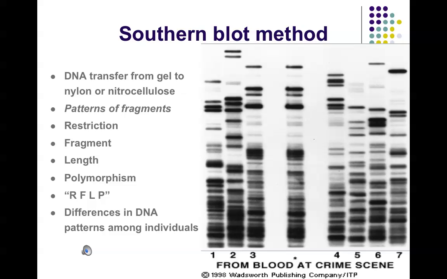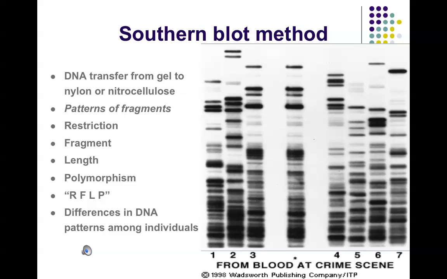Using a more stable matrix like nylon or nitrocellulose, Dr. Southern would simply press the gel to this thin piece of plastic, nylon, nitrocellulose, or cellulose acetate, and then using an electric current, drive the fragments from the agarose onto the plastic.